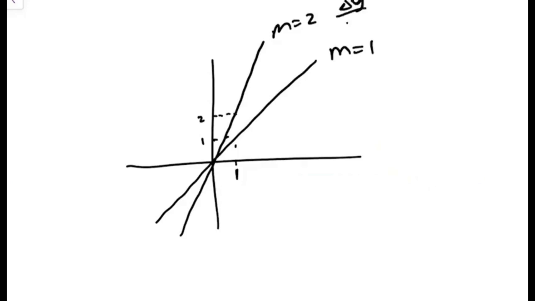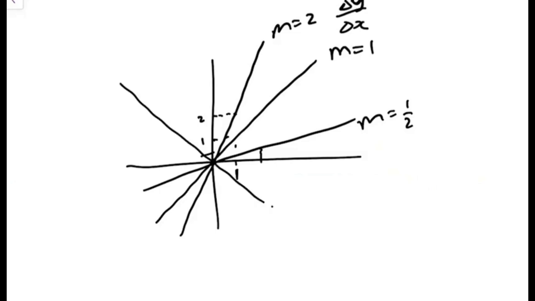Okay, so your change in y over your change in x. A gradient of a half, it goes across 2 and up 1. So it's helpful to know how the formulas work, just so that you can have an eye for these things. Obviously, if you're going negative gradients, this gradient is equal to -1.